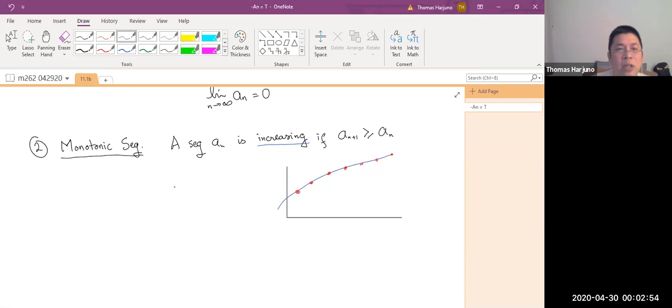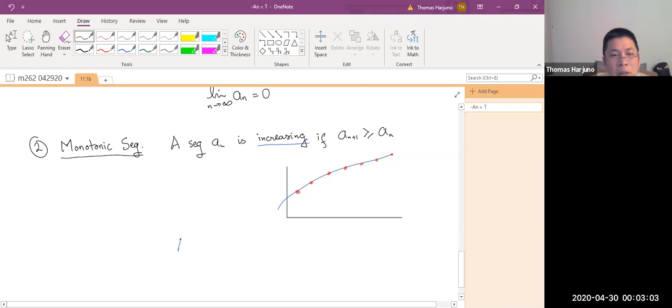Now, a sequence is decreasing if the next term is less than or equal to a sub n.